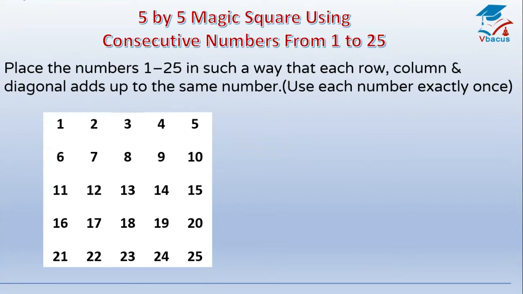I have written 1 to 5 in row 1, 6 to 10 in row 2, 11 to 15 in row 3, 16 to 20 in row 4, 21 to 25 in row 5. Let us see what we do.